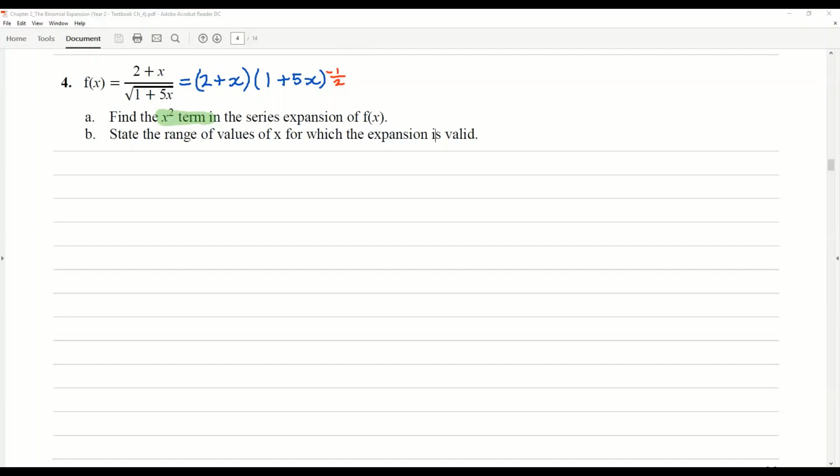Okay. So let's use the space we've got here and see how we can do this. So I'm just going to rewrite that again. So it's 2 plus x multiplied by 1 plus 5x.